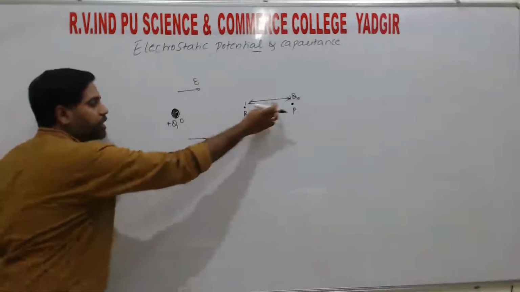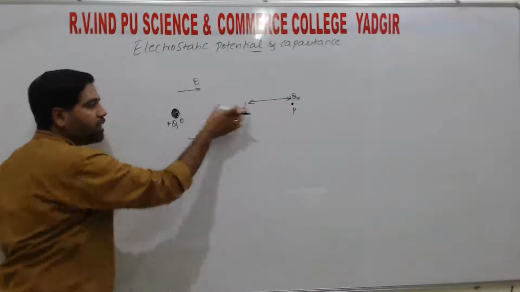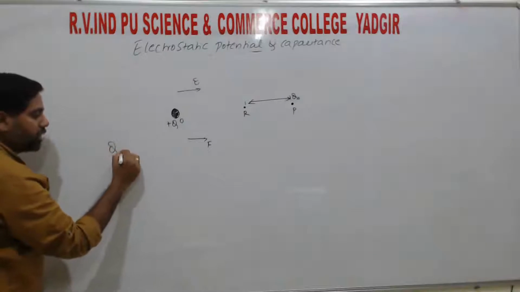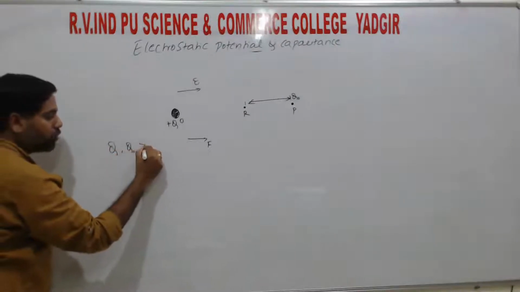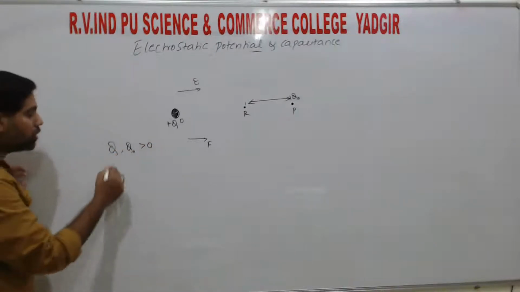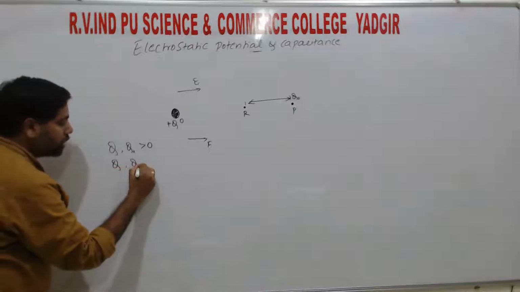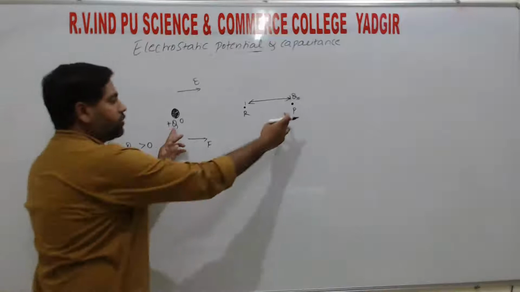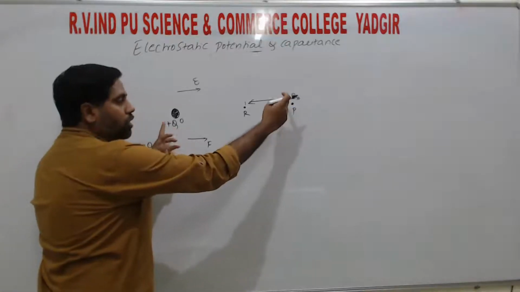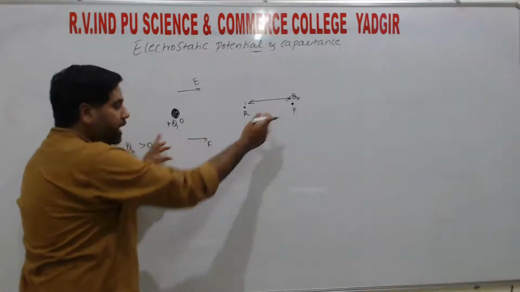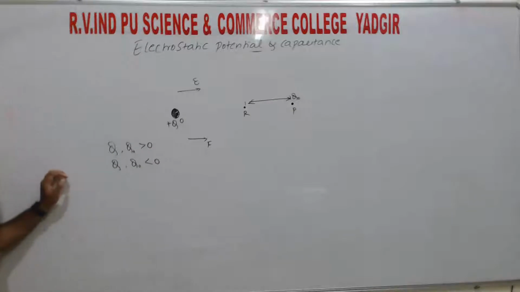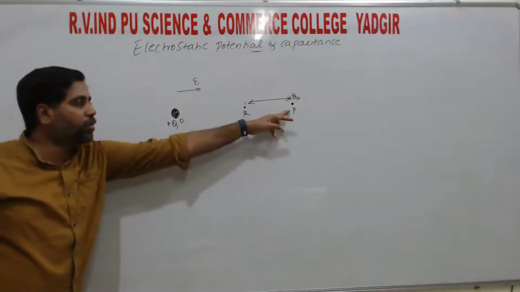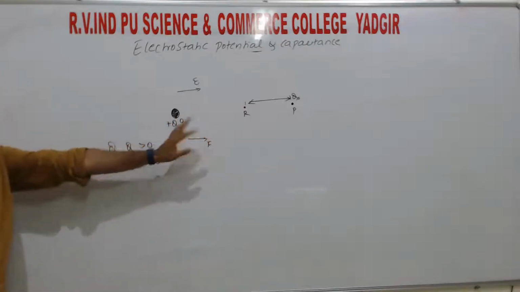If this charge is positive, then there will be a repulsive force, right? So the condition here is that Q and Q naught must both be positive, or both be negative. We need the repulsive force, right? So the first condition is this one. These two charges may both be positive or both be negative, right?